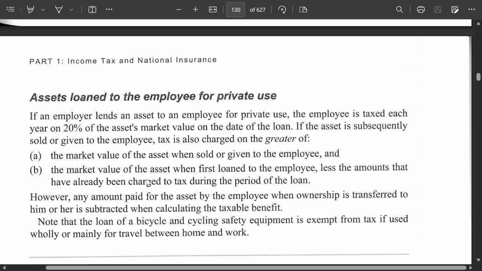B is the market value of the asset when first given to the employee, less the amounts that have already been charged, which is the 20% every year. Every year you charge 20% of the asset's market value. So this is a statutory valuation rule, a statutory charge. You can think of this number B as like a carrying book value, because initially you put it on the books at whatever the market value is at the time that they buy it.